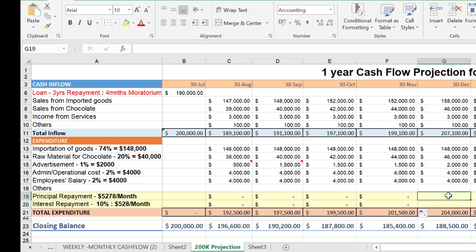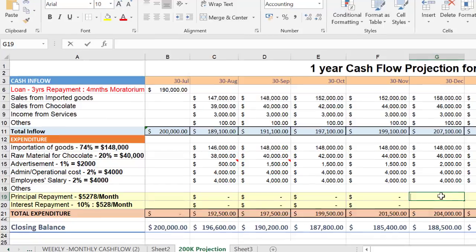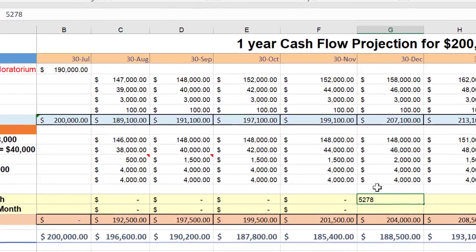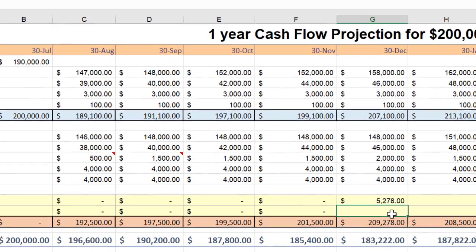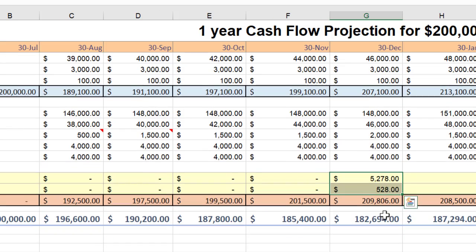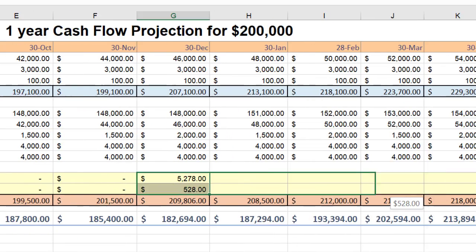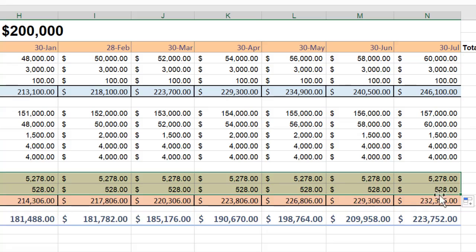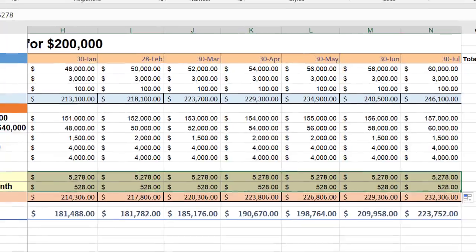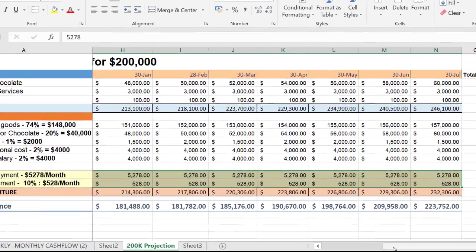Then on the 5th month, that is when you start to pay $5,278, and interest repayment $528. So I'm going to highlight both of them, and here we go. That's very important.